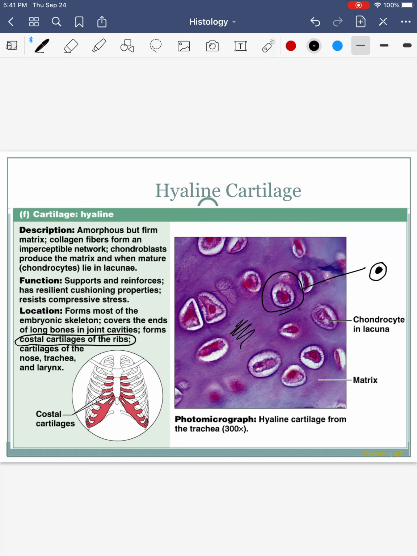You can just pick one. And the function of cartilage is really cushioning. It's an easy way to remember it, cushioning. So it's located in places where we might need a little bit of movement. Think about the cartilage between the ribs and your sternum. You want a little bit of movement, but not a whole lot. So it can give a little, and it gives some cushioning as well. All right, eyeball cells, smooth background.